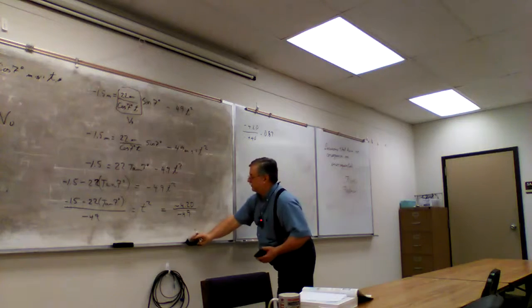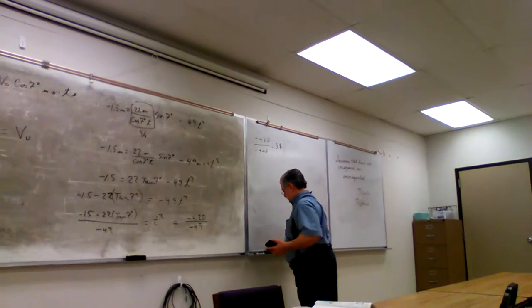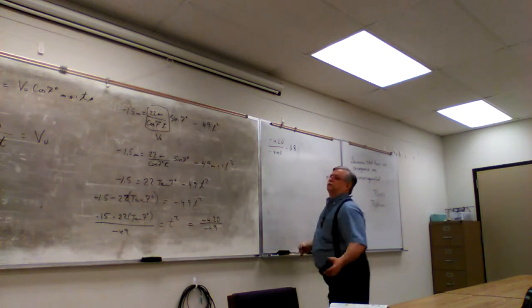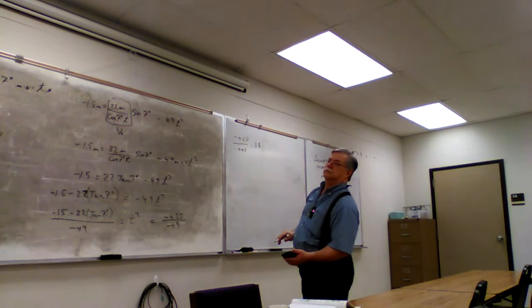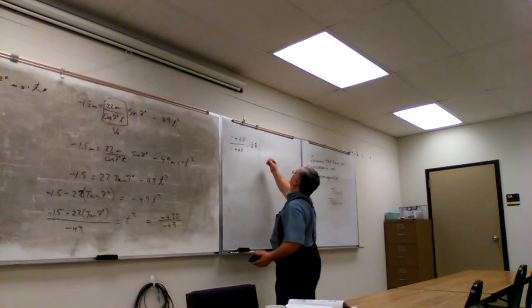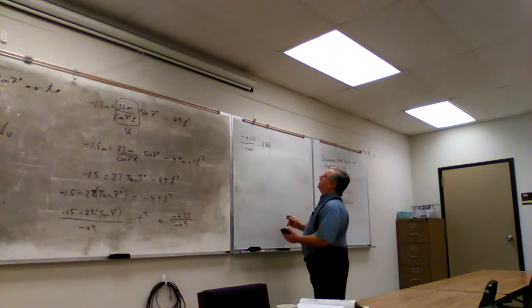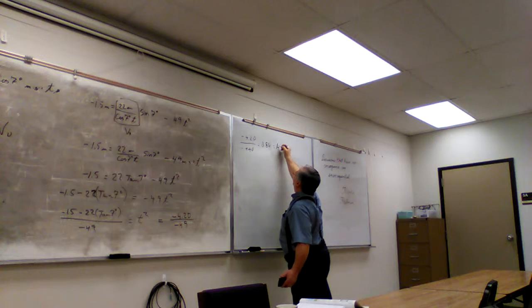Now let's keep 3 digits. 0.857. Wait, how many significant digits do we have? We had 3 significant digits to begin with, didn't we, or 2? 2? Okay. And we'll do 8.6 is equal to t squared.